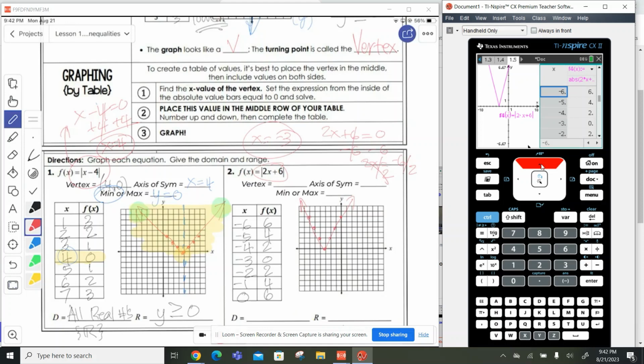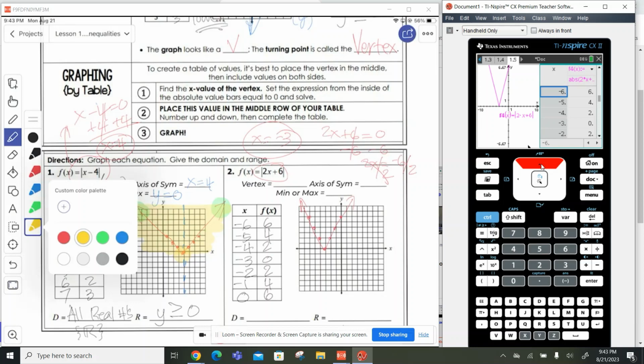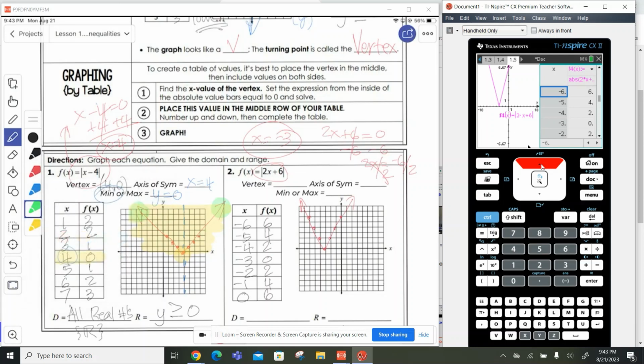Okay, now identifying the properties. What is the vertex? So our vertex is right here, and also right over here in the middle of the table. So our vertex is -3, comma 0. Okay, axis of symmetry.